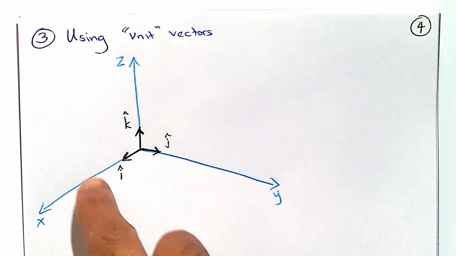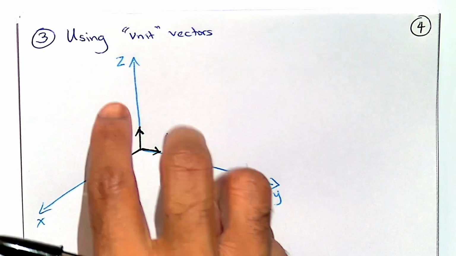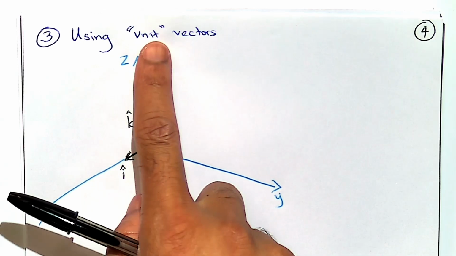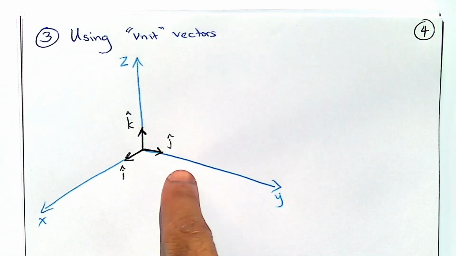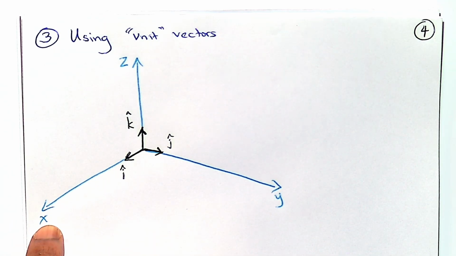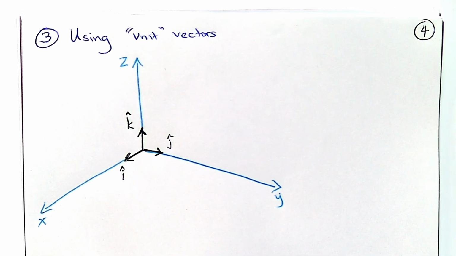So if you're talking about position, it's say 1 meter. Each of these is 1 meter. If you're making a plot of velocity, for instance, then each of them will be 1 meter per second. So whatever you're plotting, these will take on a length of 1. They're always going to be the length of 1, thus the name unit vectors. They're always going to be stuck to the coordinate system. i hat's always stuck to x, j hat is always stuck to y, and k hat is always stuck to z. We'll see why we are dealing with this in the first place in a second.